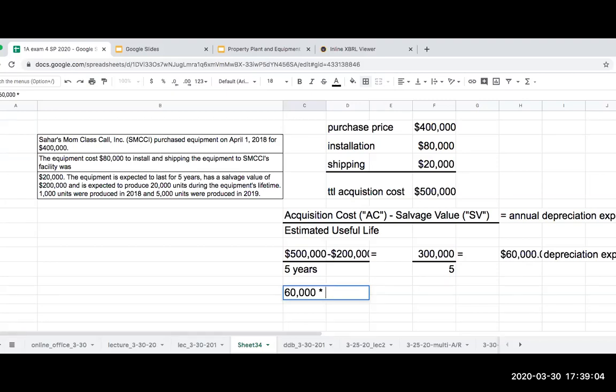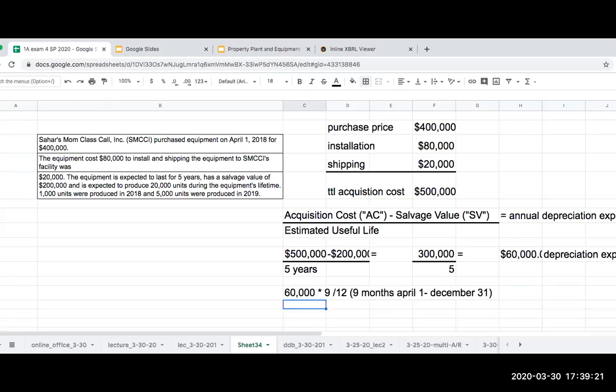So we're going to count on our fingers: April, May, June, July, August, September, October, November, December, 9 months. I'm going to multiply it through, and I'm going to get $45,000 for 2018.